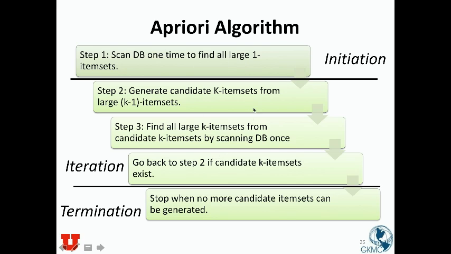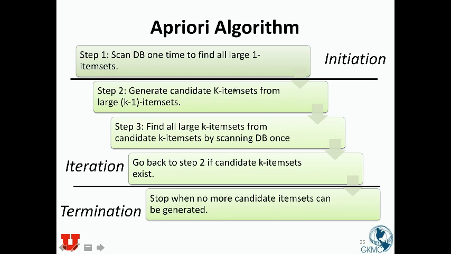The whole idea is to build the large item sets from small to large, from a smaller number of items to a larger number, incrementally by 1 more at a time. So we start by identifying all the single item sets that meet the minimum threshold level, 40%, for example.